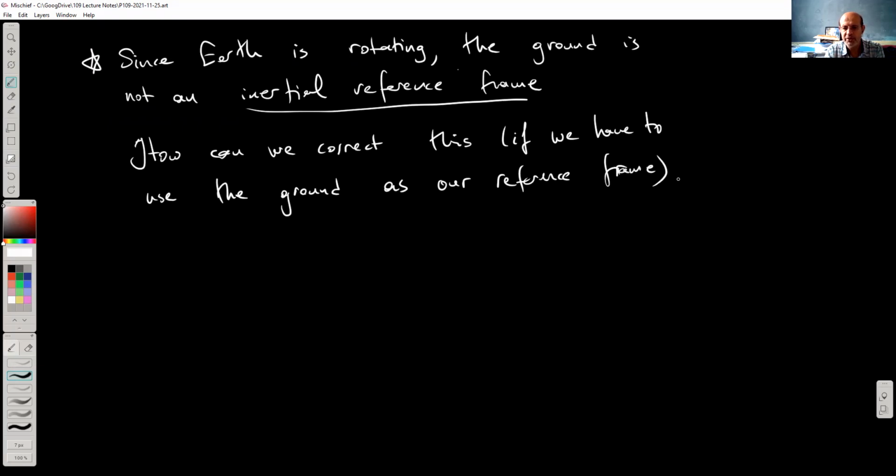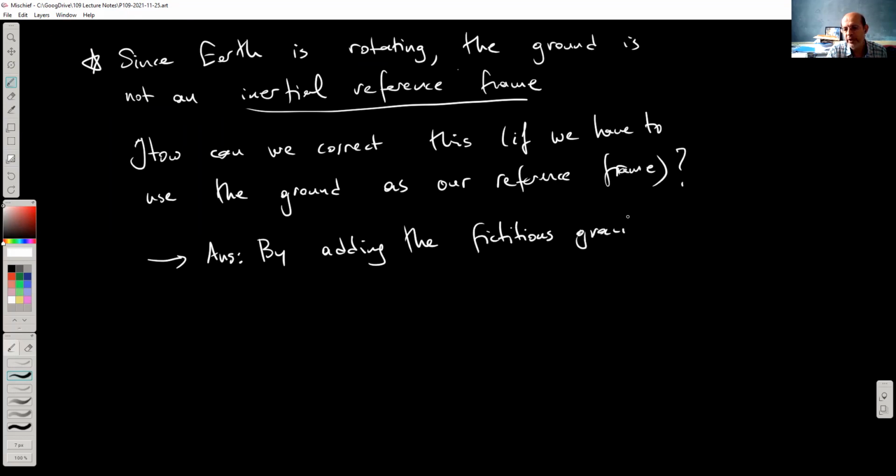Let me put the question mark in here, okay? If we have to use the ground as our reference frame, then we have to do some correction in here. Well, how can we correct this? The answer is obvious: by adding the fictitious force or by adding the fictitious gravity, which is what I'm going to do, okay?